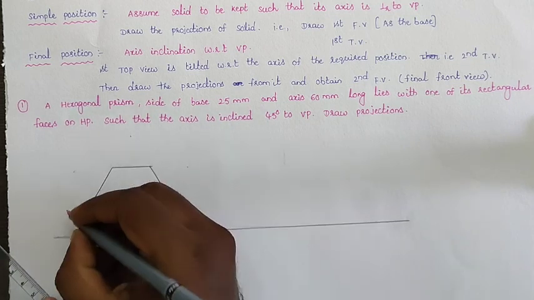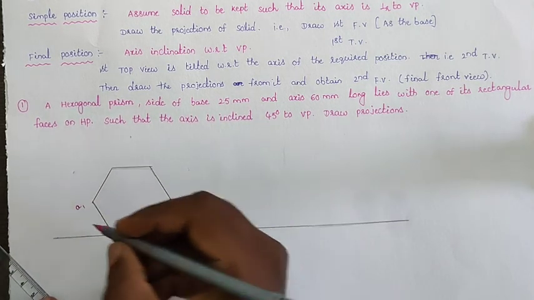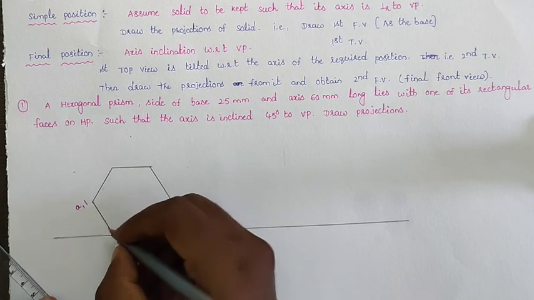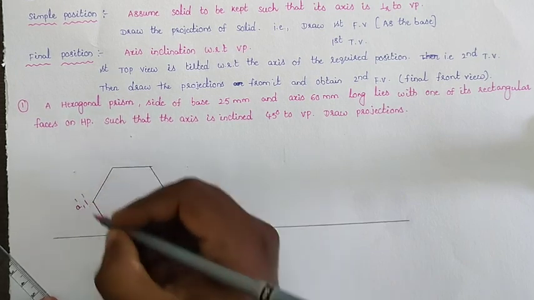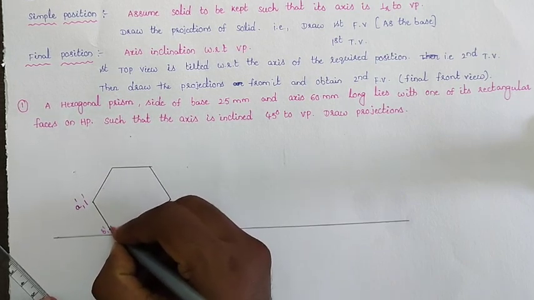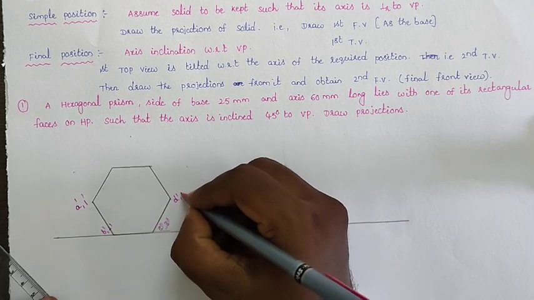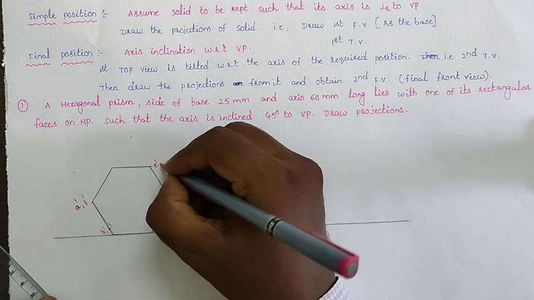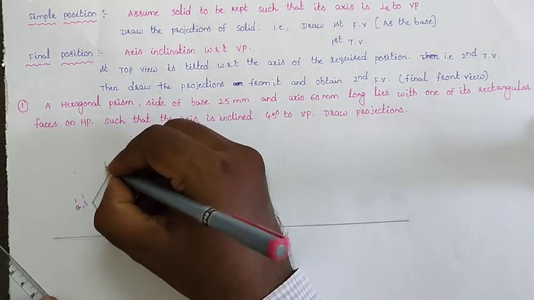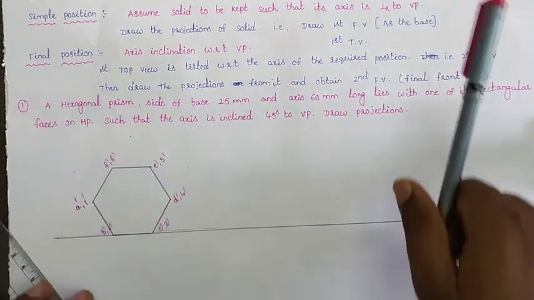Here they are giving the type of the solid, a prism. We give two types of numbering: A dash 1 dash, B dash comma 2 dash, C dash comma 3 dash, D dash comma 4 dash, E dash comma 5 dash, and F dash comma 6 dash.